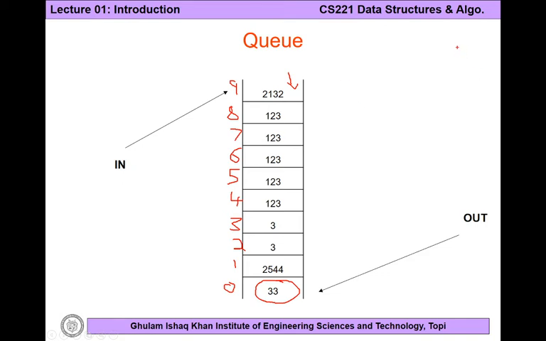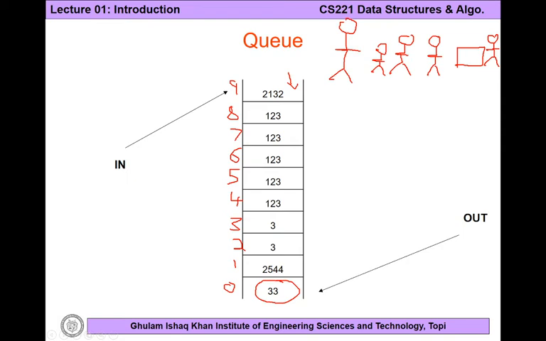In real life, the queue is simple. For example, if we have a bank and there is a person sitting here, accepting, let's say, electricity bills. The first person who comes here will be in front of the queue. The next person who arrives is not going to come here; he will be using the next slot, and then the next person, and so on. So they are basically making a queue. Commonly we call it a line, but queue is the proper word.